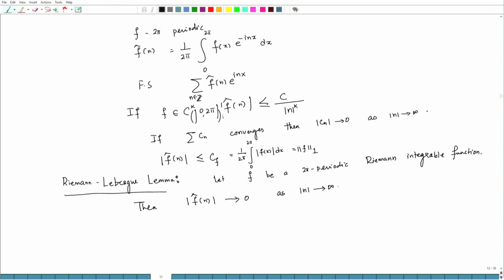So, at least what we can see from this result, which is a celebrated result, is that the necessary condition for the series to converge is there.